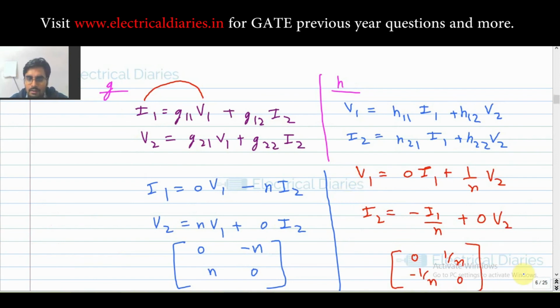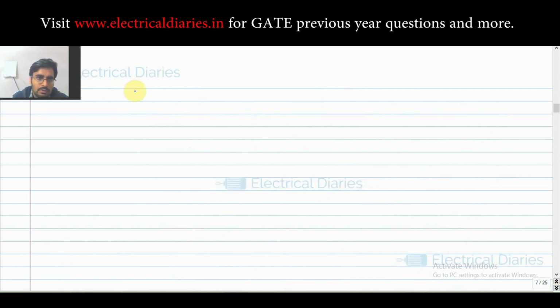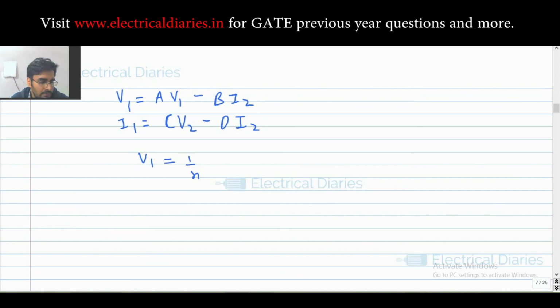Now let us write ABCD parameters also. We know that ABCD parameters are V1 is equal to AV2 minus BI2, and I1 is equal to CV2 minus DI2. From the relation we could easily find out V1 is equal to 1 by n V2 minus 0 I2, and I1 is equal to 0 V2 minus n I2.